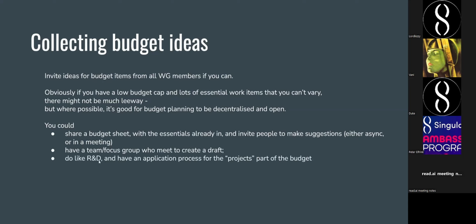You could do as R&D Guild do and have an application process for the projects part of your budget. Or you could have some kind of rolling Google Doc where people can add ideas for things that we might want to do as and when they occur to them. And then when budget time comes along, you go through them and go, okay, we should do this, we shouldn't do that.